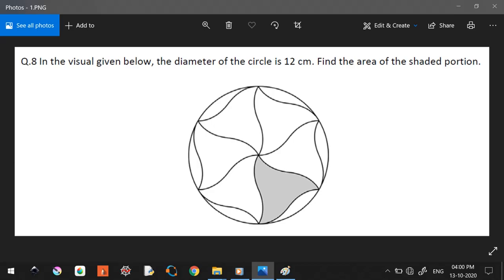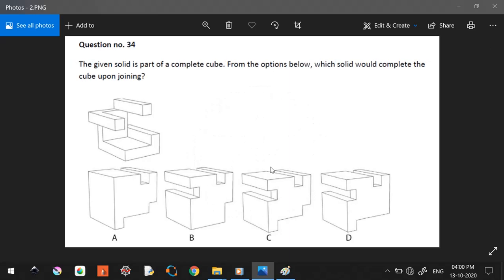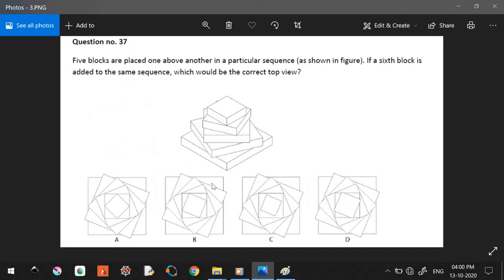So this is one question where we have to identify the area of this particular shaded region, and the other one, which is kind of simple, is like, given this shape, which of the given options will fit it. So I think you'll be able to do that, but in case whatever explanation I'm going to give will help you, let's see. And here is something similar, which is like, given this particular pattern or set of blocks, how will the top view look like?